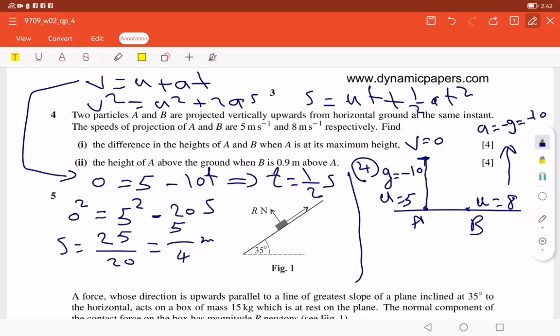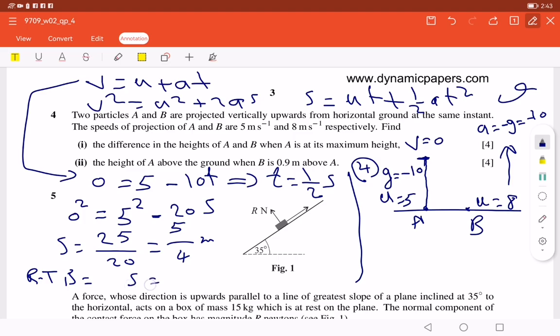So with respect to particle B, we need to use the time equals half to find its height after time equals half. Okay? So we need to find the height, meaning the distance. We can use the quadratic equation in velocity, v squared, but no, it's better to use the quadratic equation of time.